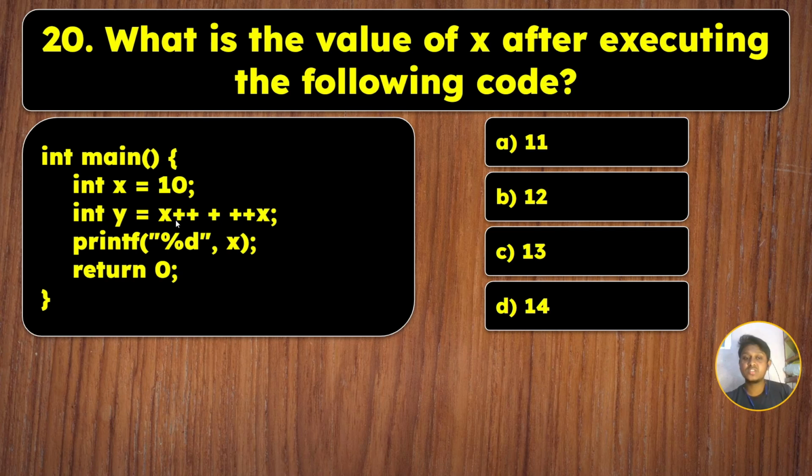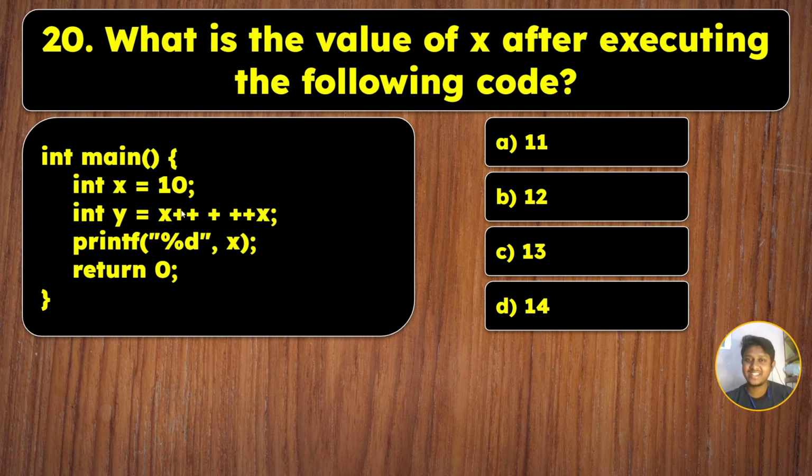So when we use a post increment operator, the value of x will get increased after this particular statement is executed. And when we use this pre-increment operator, that time only this value will get increased. Means in this particular moment, this value of x will get increased.